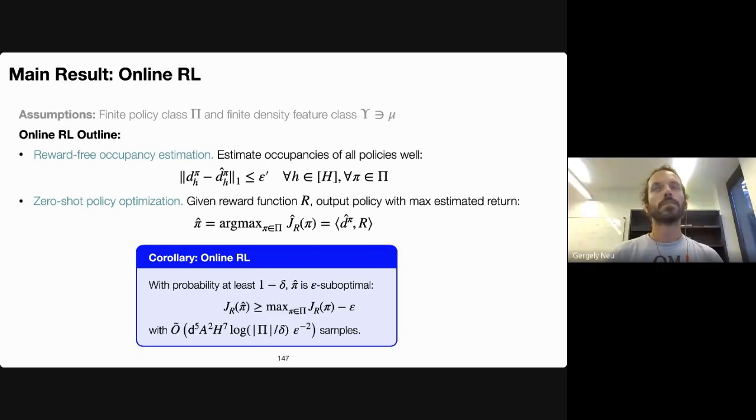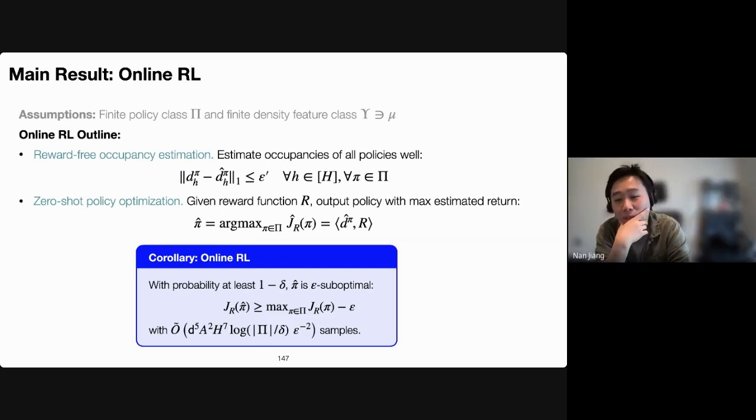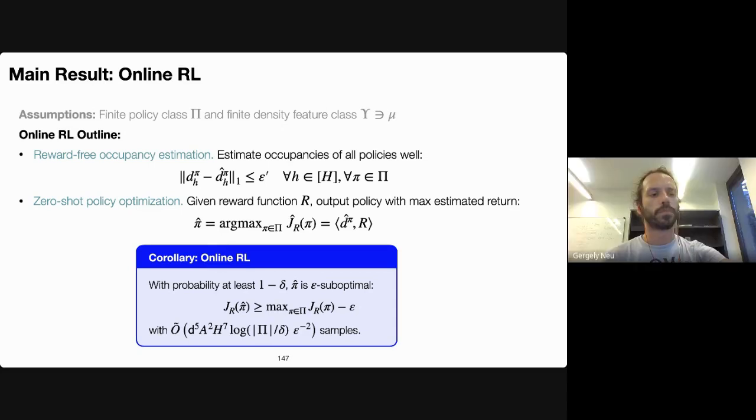I actually started playing with it a little bit, and it turns out that in the linear case, if you write down an algorithm for estimating the feature embedding of occupancies, you actually recover basically a fitted Q. It's interesting to think in that direction: we know that raw densities are difficult to work with, but is there somewhere in between, not quite a raw density, but still maintaining enough interesting properties of the densities?